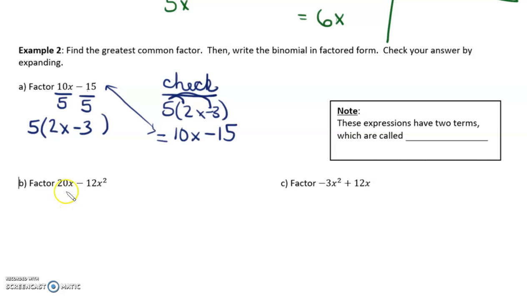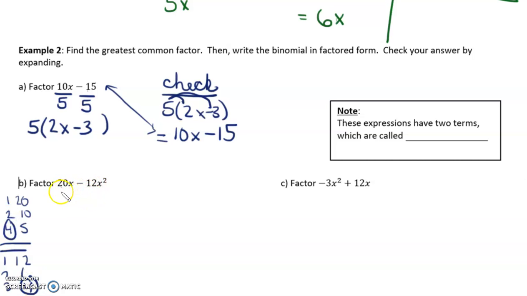For B, a common factor between 20 and 12. If you list the factors of 20: 1 and 20, 2 and 10, 4 and 5. And the factors of 12: 1 and 12, 2 and 6, 3 and 4. So the greatest common one here is 4.